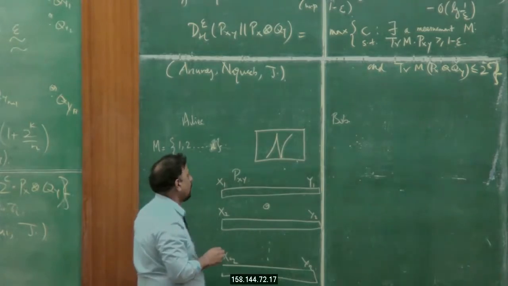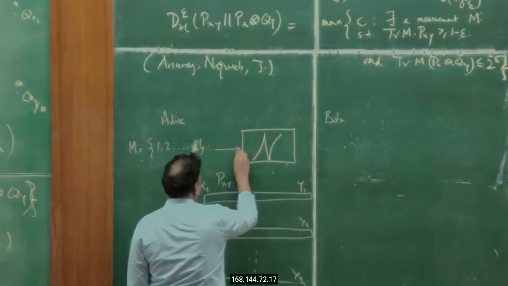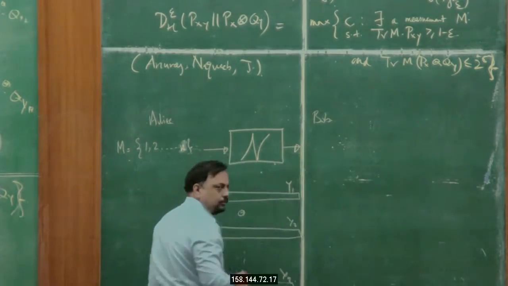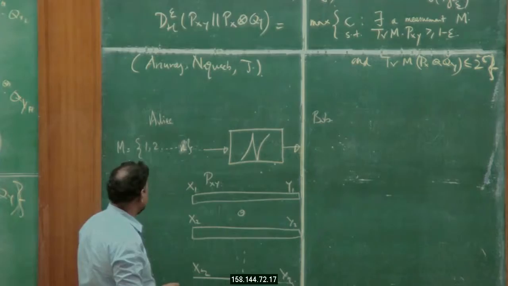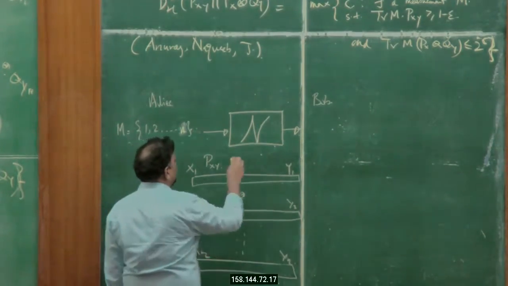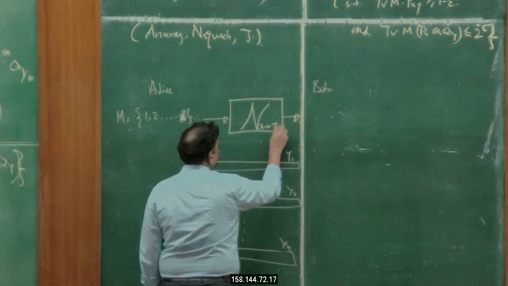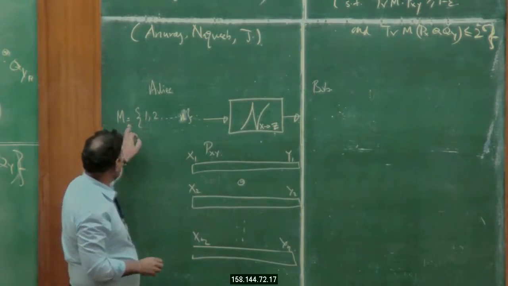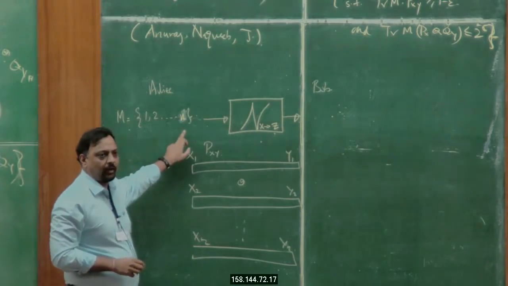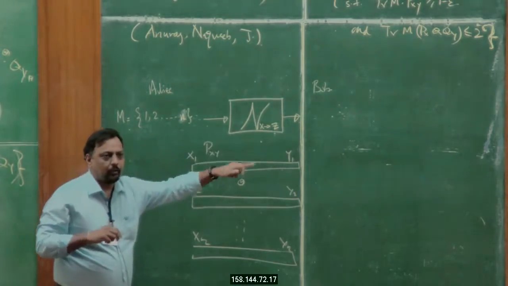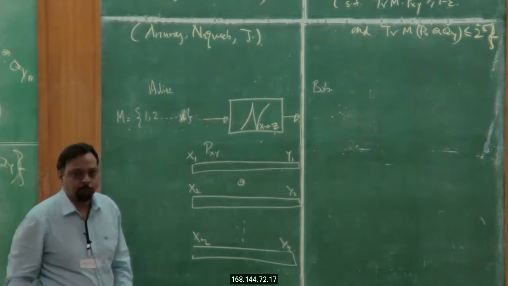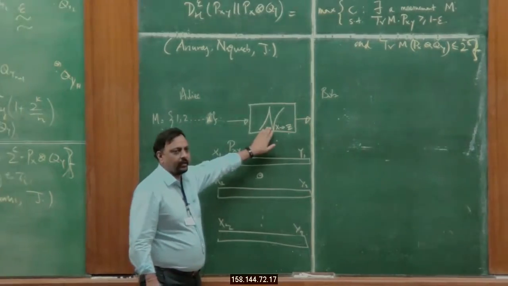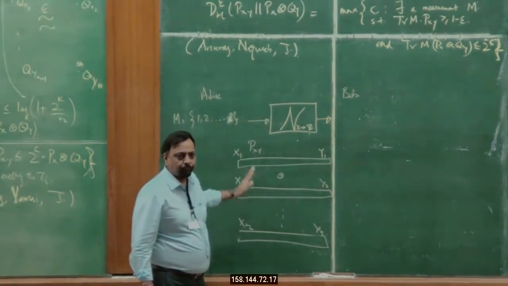Some noisy channel which takes input and gives an output here, right? Maybe let's call it X to Z, right? And Alice gets one of these numbers from 1 to N, let's say, and she wants to communicate it to Bob. Okay. And so given one use of the channel, how large N can we handle? Okay.